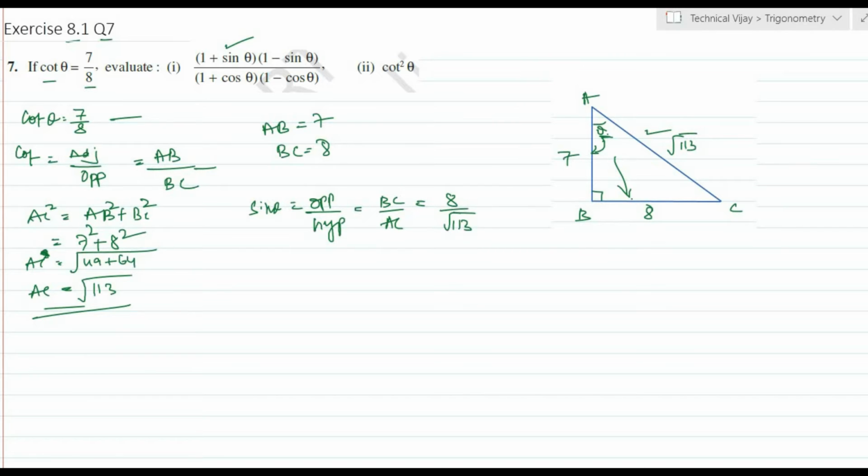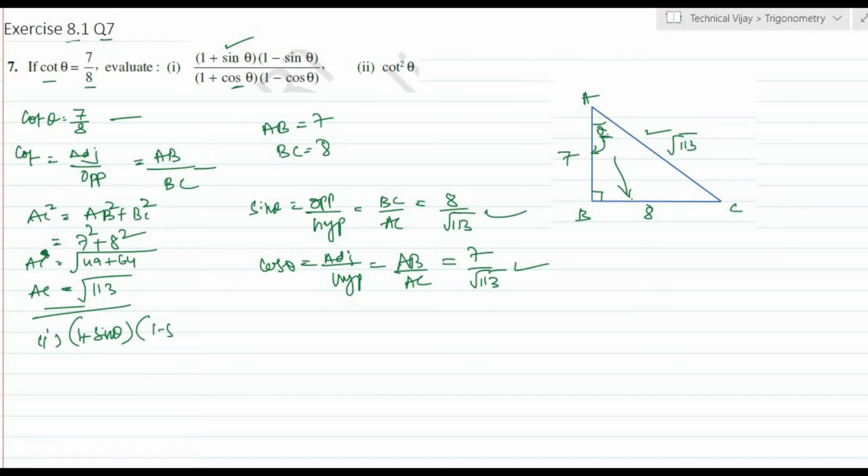Cos theta is equal to adjacent divided by hypotenuse, so AB divided by AC, which is 7 divided by root 113. So we know the sin theta and cos theta values. We consider the first portion: 1 plus sin theta and 1 minus sin theta, divided by 1 plus cos theta and 1 minus cos theta.